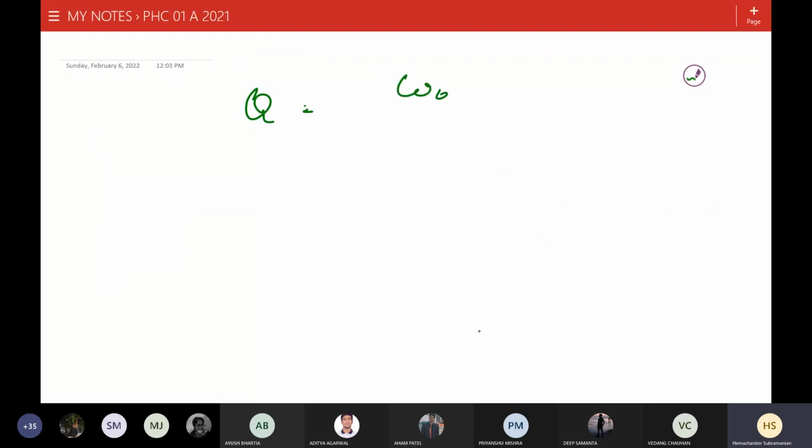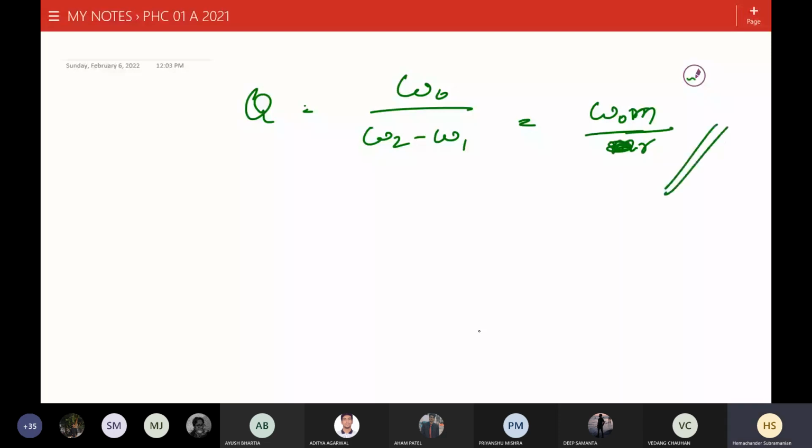So Q naught is omega 2 minus omega 1, which is omega naught M over R, sorry. This is the same thing that we found out earlier.